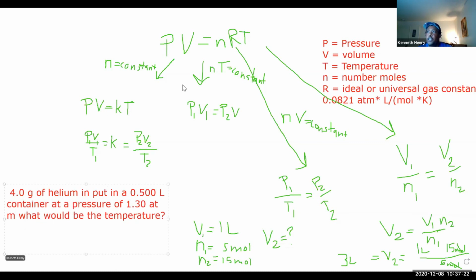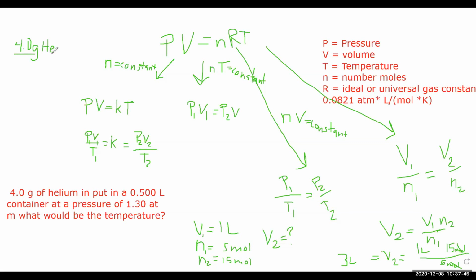So in this case, we're just going to use PV equals nRT, right? But we need number of moles. How do we calculate the number of moles if we're given 4.0 grams of helium? Molar mass. So what is the molar mass of helium? Four.